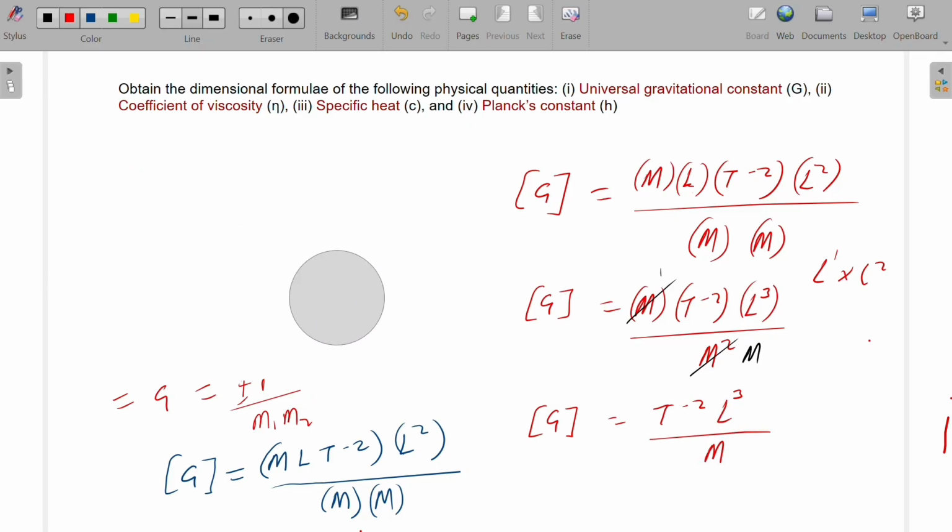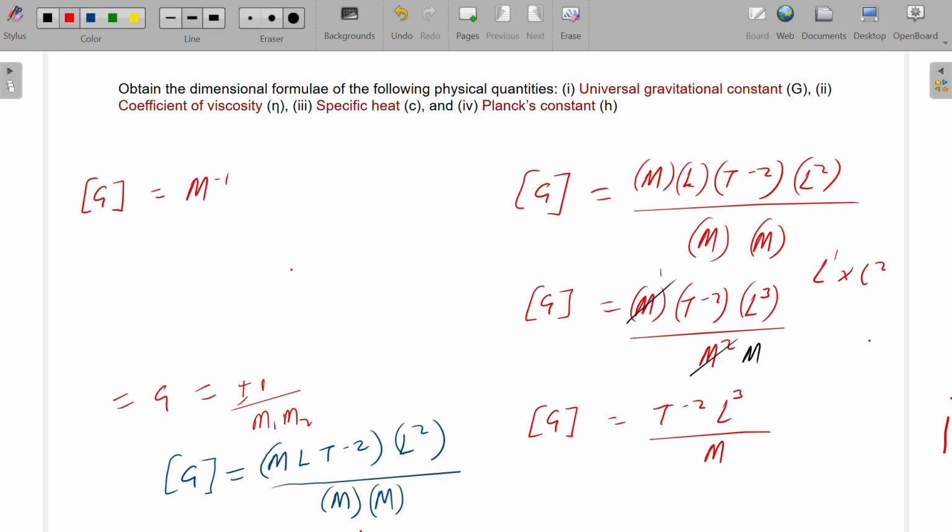So this will conclude in this manner. Taking the M on top, remember M, the way it is here, is to the power of 1. But since the power is 1, we don't need to show it. So when you take it on top, the power becomes negative.